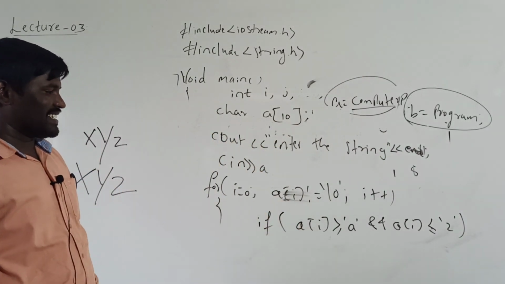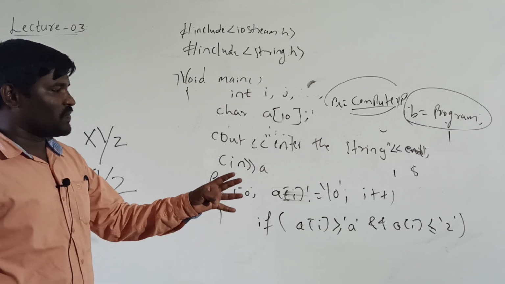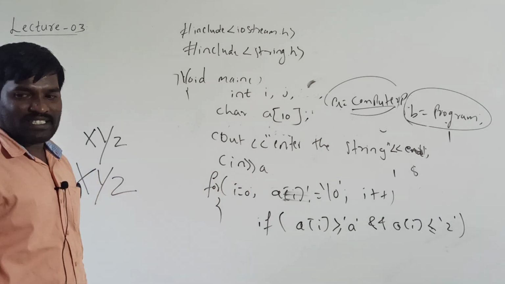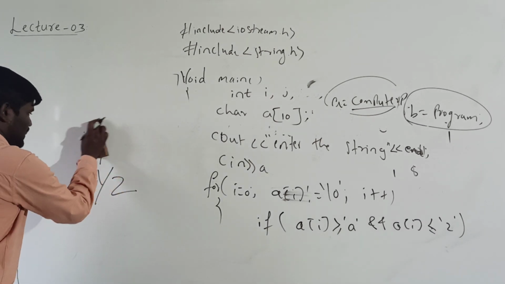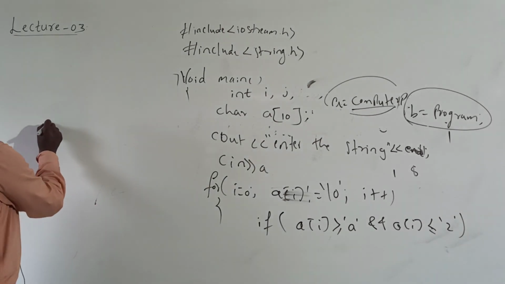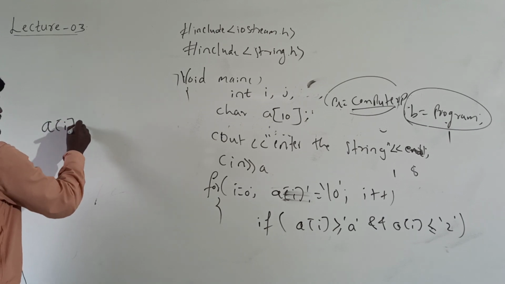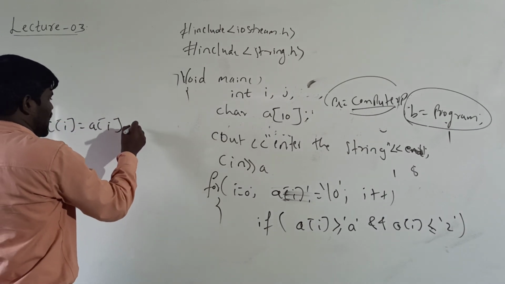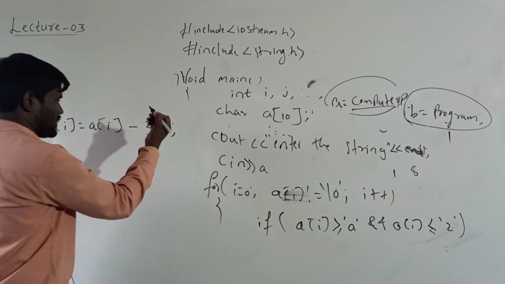A of I is greater than or equal to small a, and A of I is less than or equal to small z. Next, if it is true, A of I is equal to A of I minus 32.